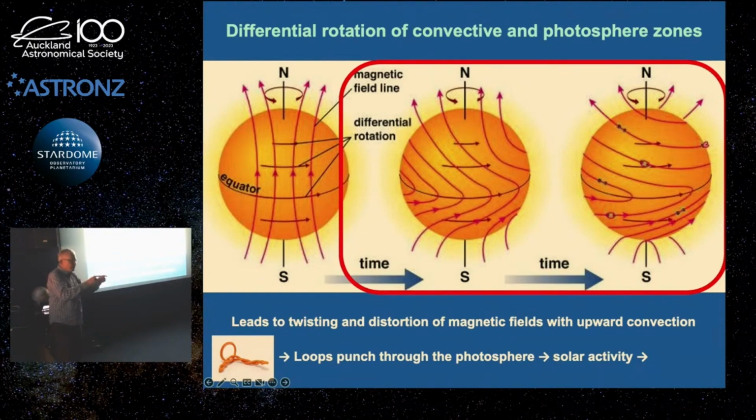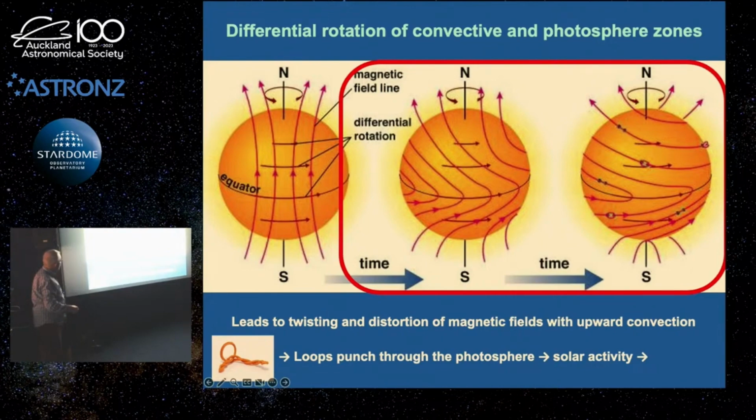What happens? You'll see little loops perpendicular start flicking upwards. You get 2 or 3 of them per rubber band, just like they've shown here. That's exactly what happens. With the differing distortion and stress of these magnetic field lines, you start getting loops punching up through the photosphere.